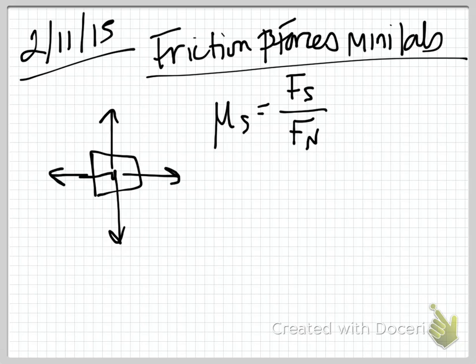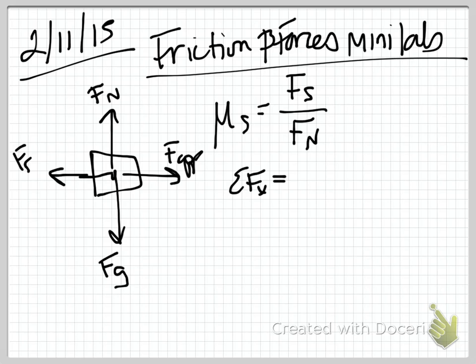So if you were one of the groups who heeded my suggestion and did a zero angle, your first one's really, really easy, because if theta is 0, if this is our force applied, this is our force of static friction, this is our normal force, this is our force of gravity, we can do a sum of forces on the x, which if this thing is not moving, the sum is 0.